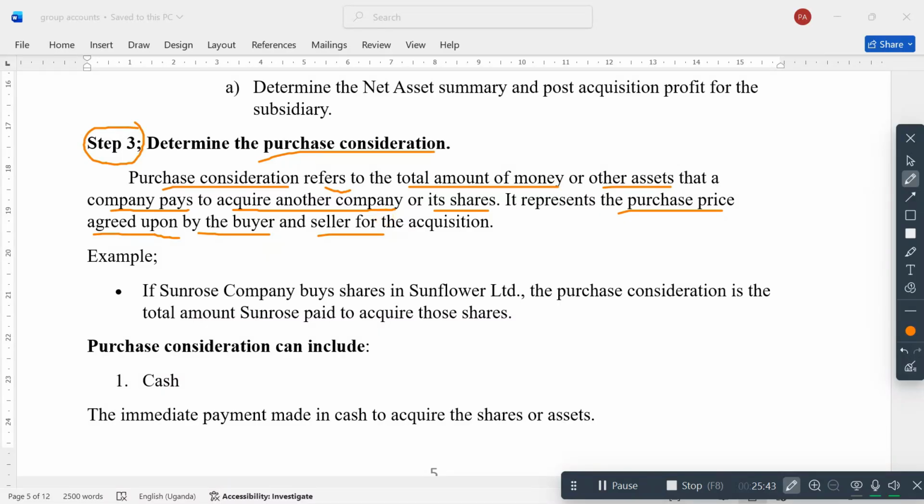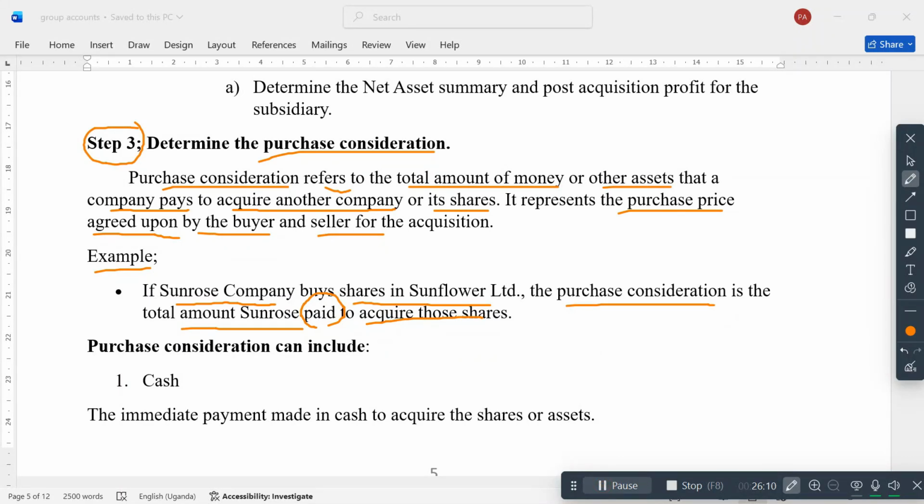For example, if Sunrose Company buys shares in Sunflower Limited, the purchase consideration is the total amount Sunrose paid to acquire those shares. Hope it's very clear.